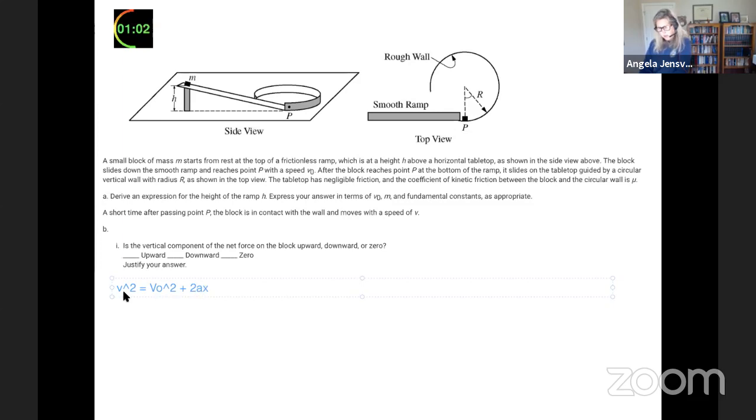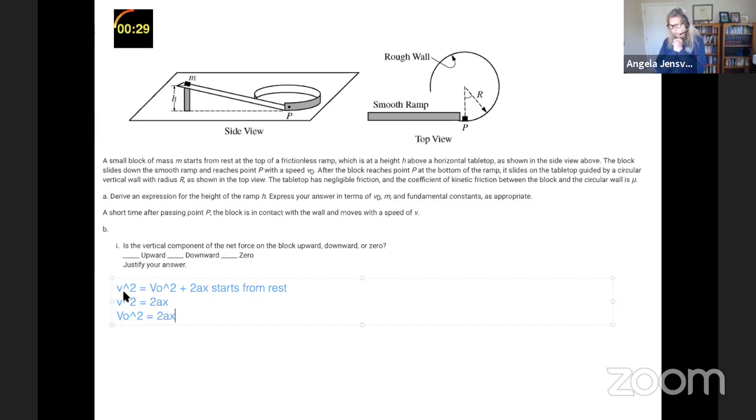But in this case, let's just say it starts from rest. So you would have just v squared equals 2ax, right? But they said that the velocity at the bottom of the incline is actually called v naught. So I'm going to change that to v naught squared equals 2ax.